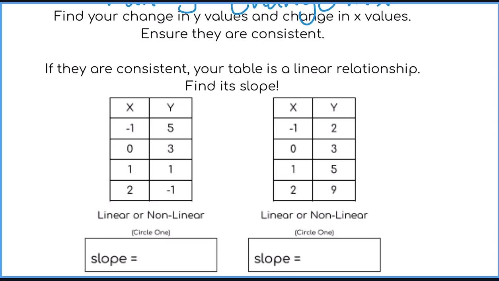So from -1 to 0, what is our change? Y's on top, I would do Y's first, because I used to always do X's first and I would forget. So since it's change in Y over change in X, let's look at our Y's first, because I think we'll be better at keeping them on top if we start with them.